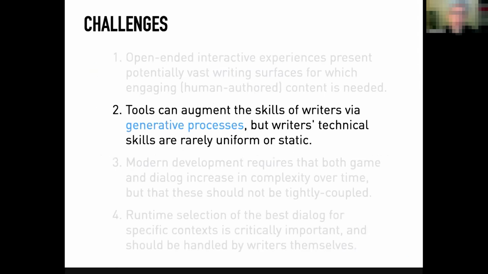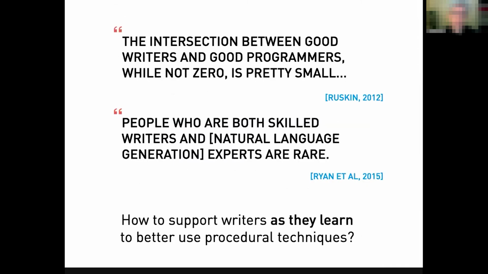As they've noted, we can try to use generative processes to ease this authorial burden, but we don't want to limit our projects to only writers who can code, as this is still a very small fraction of the pool. So how can we support the full range of writers, from totally analog to procedurally fluent, even as over the course of a project, these fluencies are likely to change?